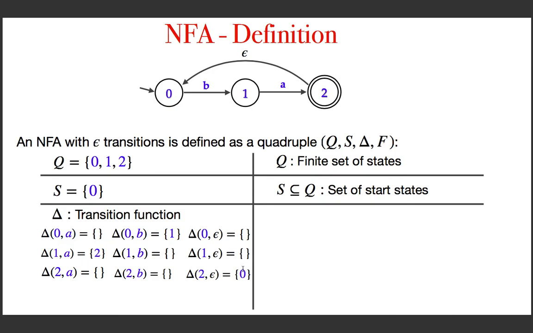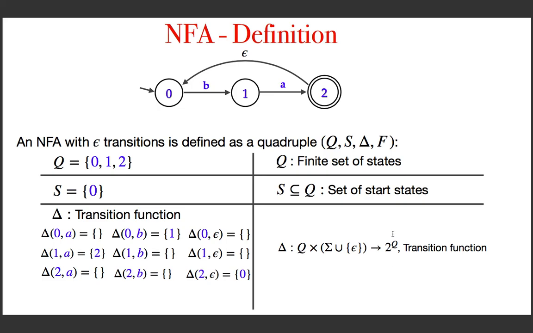If you formalize, you can see that the transition function delta is defined from a state on an input symbol or epsilon to a set of states. In this particular example, there are no cases in which you can reach more than one state, but in general that is possible.